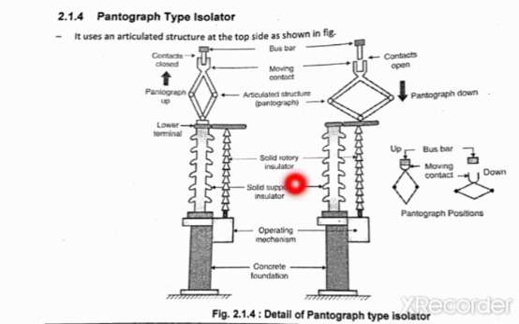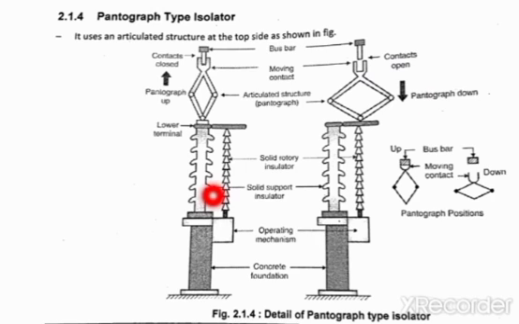There are mainly two contacts. This is the moving contact, and the bus bar contact acts as the fixed contact. The operating mechanism is connected to these rotary insulators. While opening the contact, the pantograph terminal moves away from the center, and thus the downward movement takes place and the contacts are open.